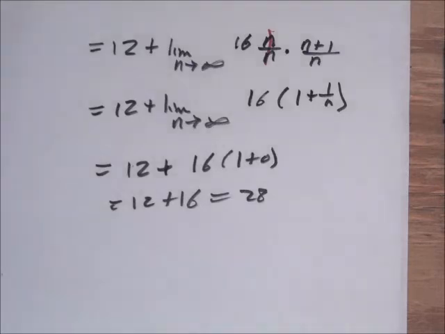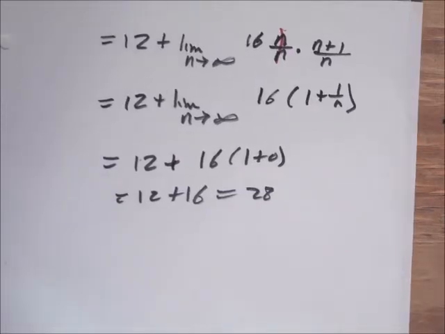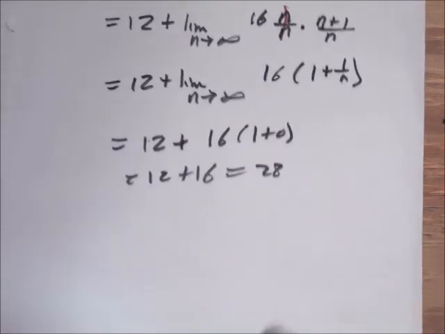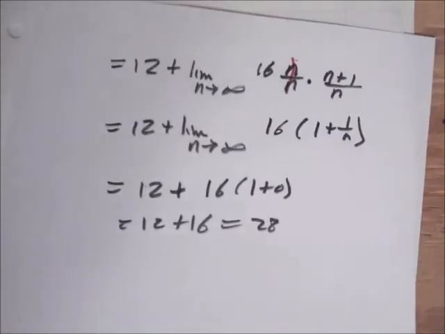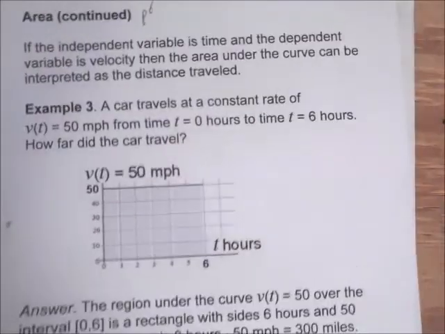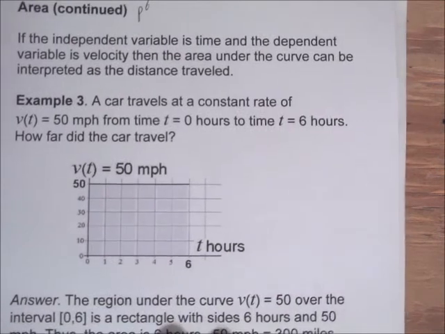And in this part of the course, we're using limits to compute areas, and the two are related. We'll see the relationship between the two a little bit later, in one of our later videos. Anyway, here's a third example.